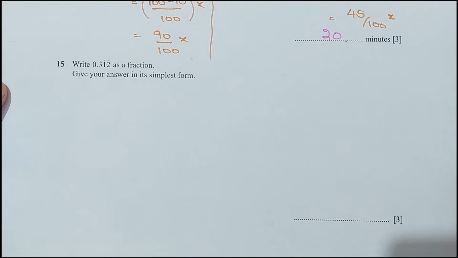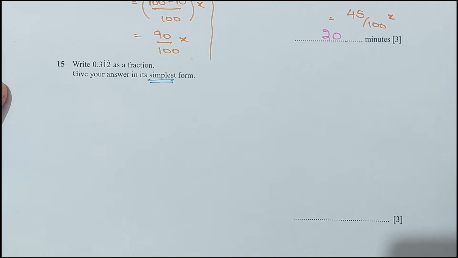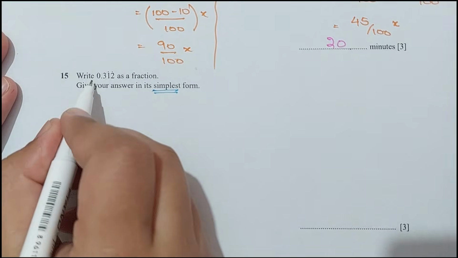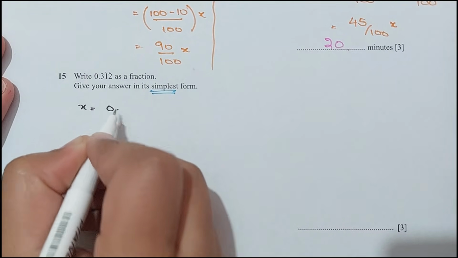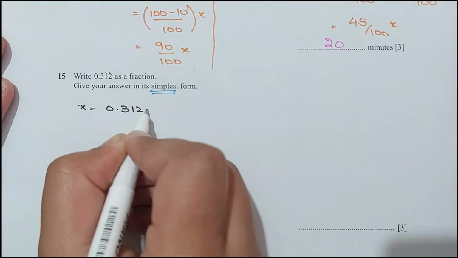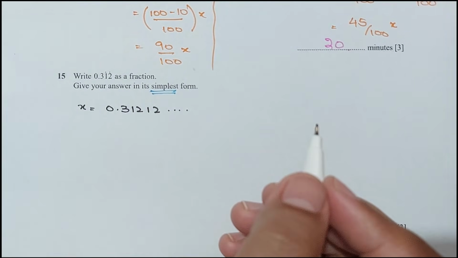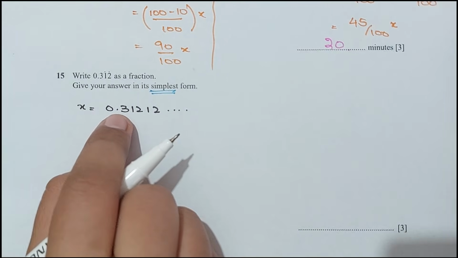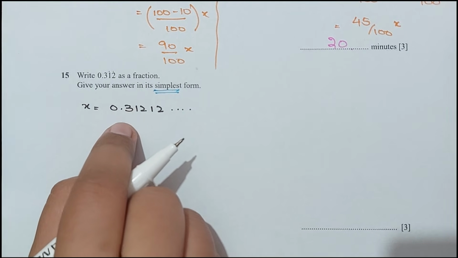Question number 15, write the number as a fraction, give your answer in its simplest form. Okay, so whenever you have a recurring decimal, first you have to suppose x is equal to that number, 0.31212 and so on, right? Now first thing is you have to bring the number that is non-recurring before the decimal.